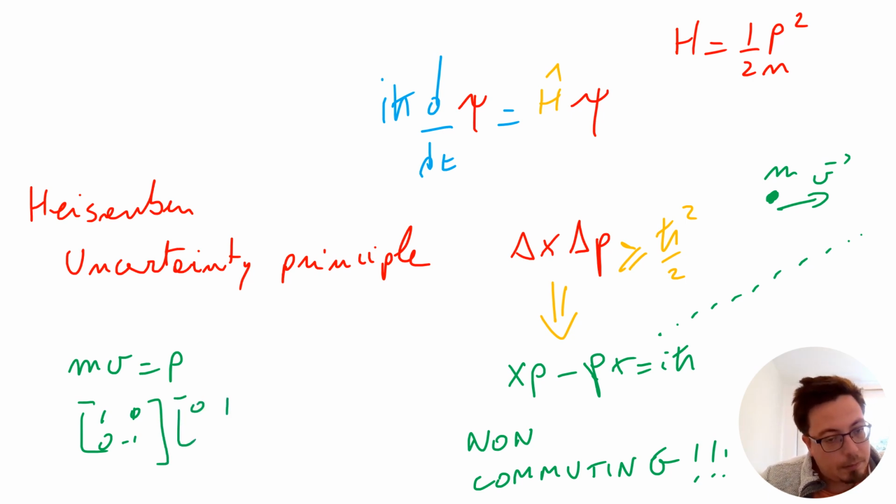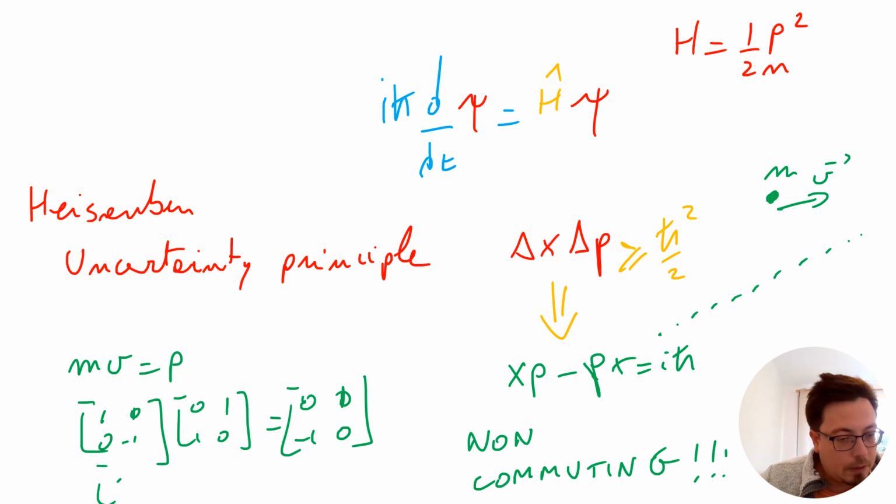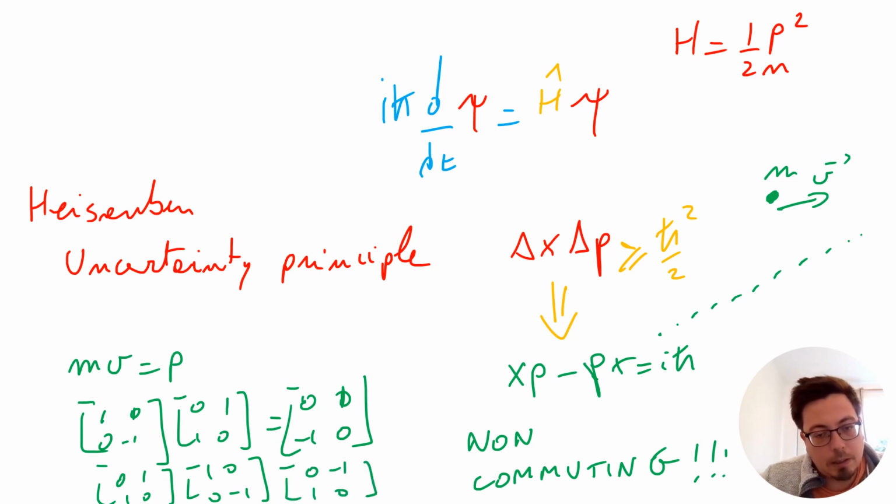For example, pick these two matrices, very simple, and you will get 0, 0, 1, minus 1, 0. But if you do it the other way around, 0, 1, 1, 0, and then you get 1, 0, 0, minus 1, you swap the minus. Meaning that A times B is different from B times A, where A and B are these two matrices.